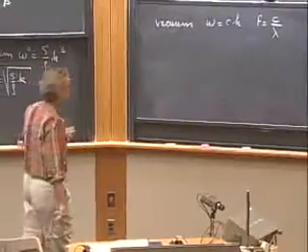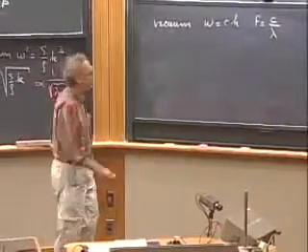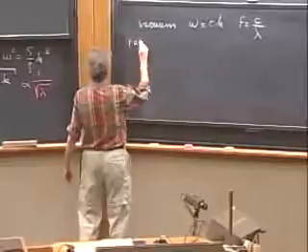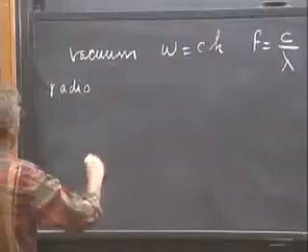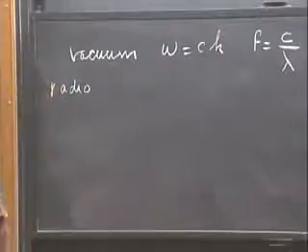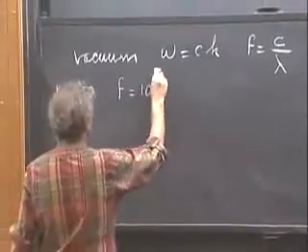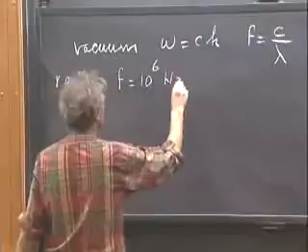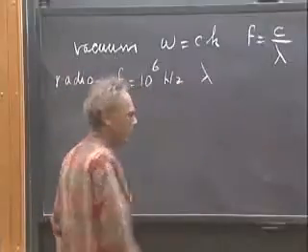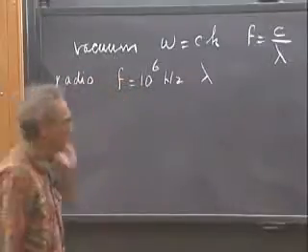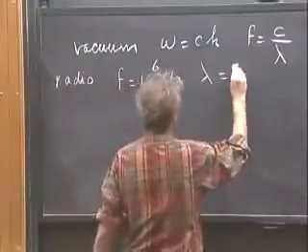And so we will encounter in 8.03 radio waves, and we will actually produce them. And let's say we take a frequency of about 1 megahertz, 10 to the 6 hertz. That would give you a wavelength of about 300 meters. You can use this equation.